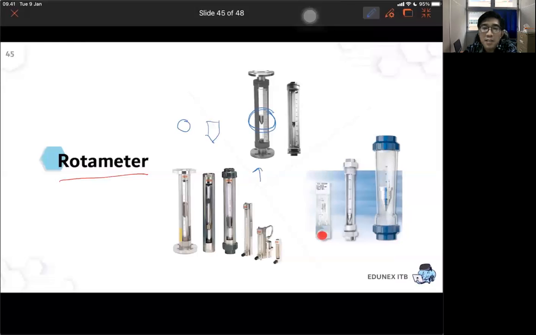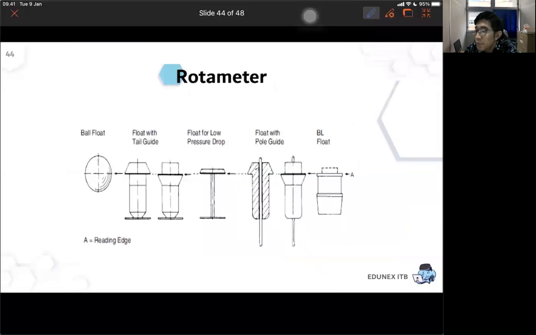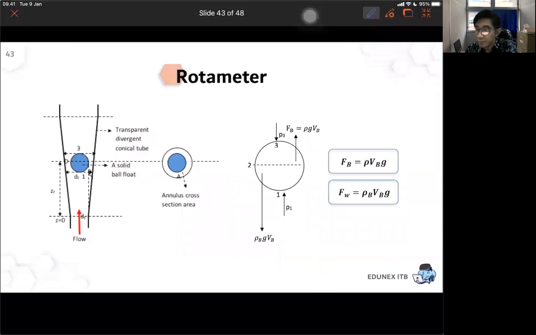until the ball is steady at a certain position, and you can see on the outside tube of the rotameter, you will have a scale, and you can read how much the flow rate is. Like this one, you can see the numbers, right? So basically, in rotameters, you will have this kind of arrangement.